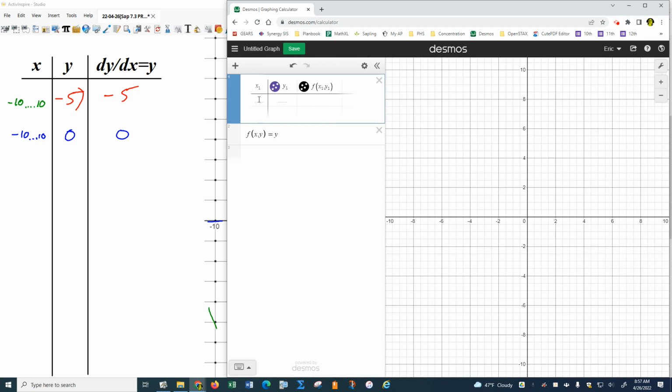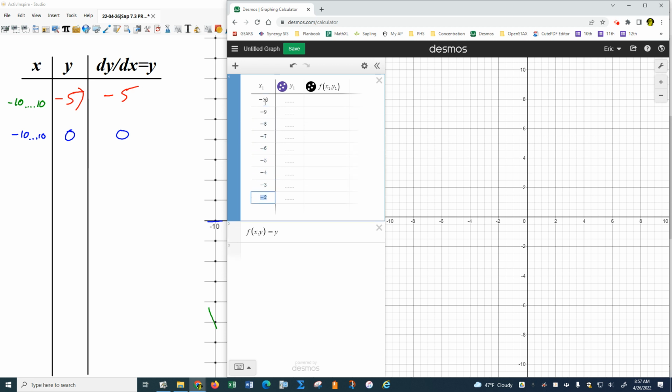You can make a table out of this then. Like I could generate what the function is down here. That's the derivative function, and then I can just pick values. I could just randomly pick values then, and look what it's going to do.